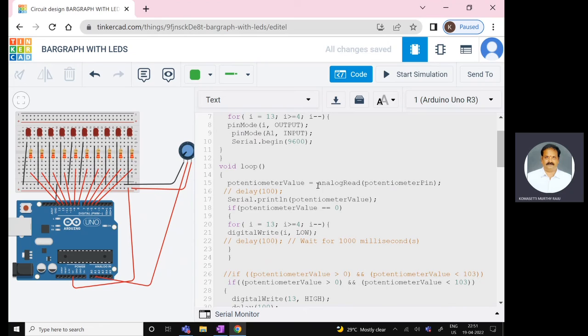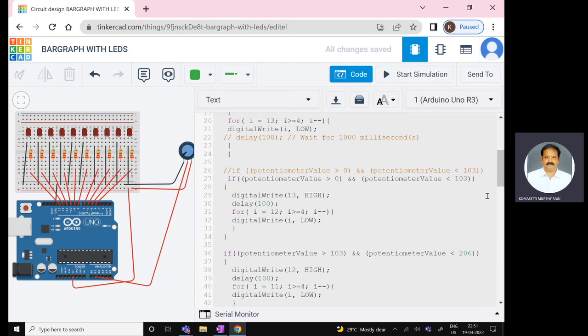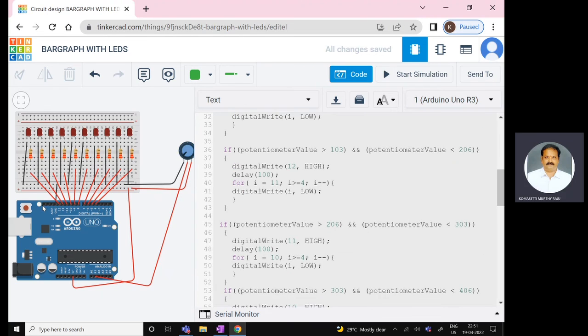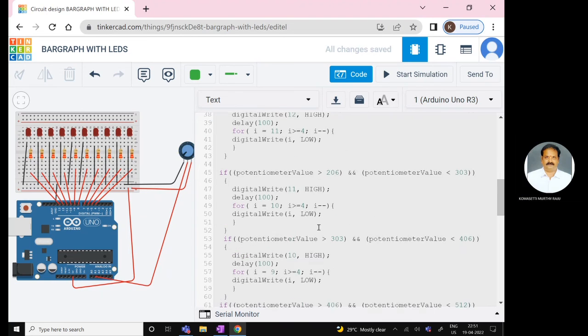For the potentiometer value, we use analogRead on the potentiometer pin. As the pin changes, the potentiometer values also change. These values are displayed on the serial monitor with the help of Serial.print. The potentiometer values change from 0 to 103, 103 to 206, like that, and the LEDs turn on.